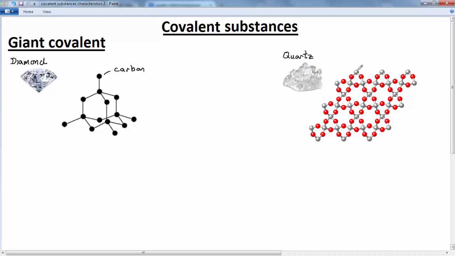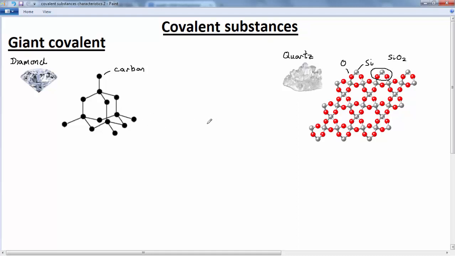So here we have the silicon atom, and that's joined to two oxygen atoms. So here we have this silicon dioxide unit, which is repeated throughout the giant covalent structure. So the formula for quartz is SiO2.